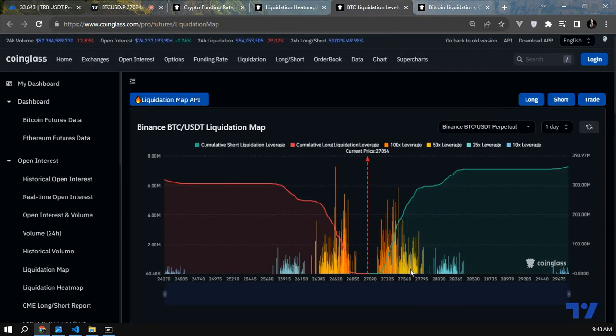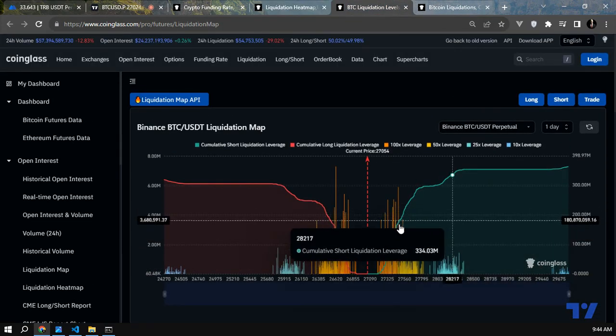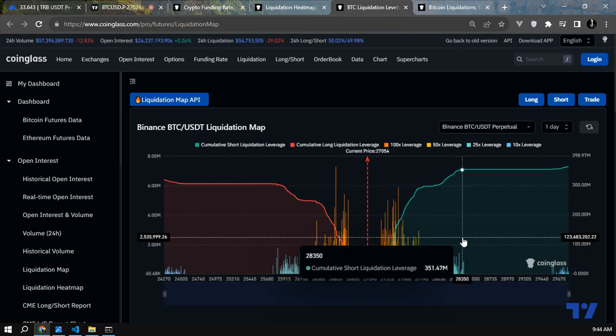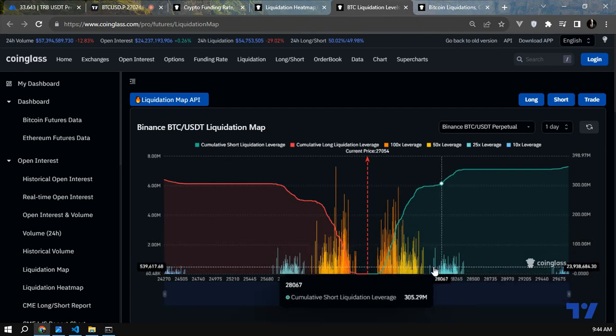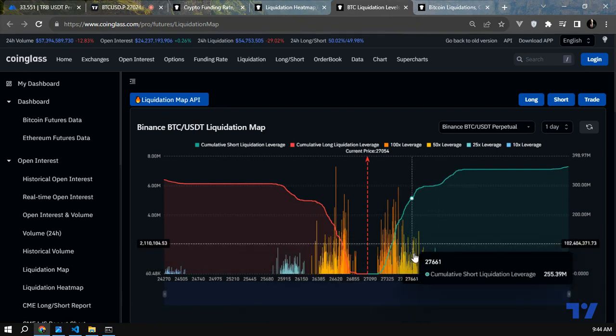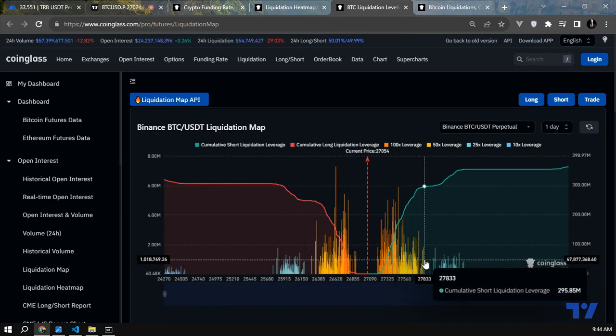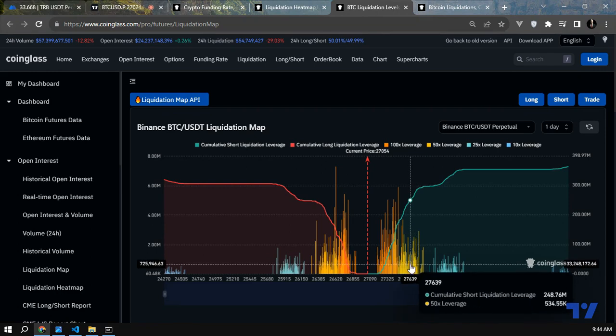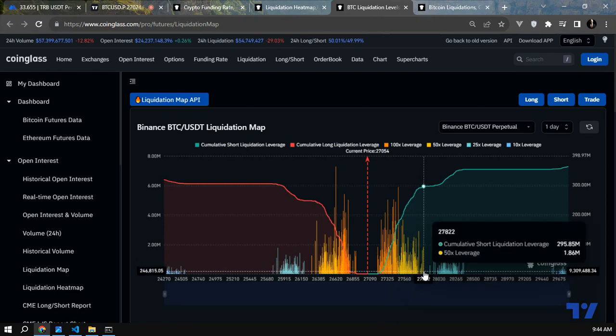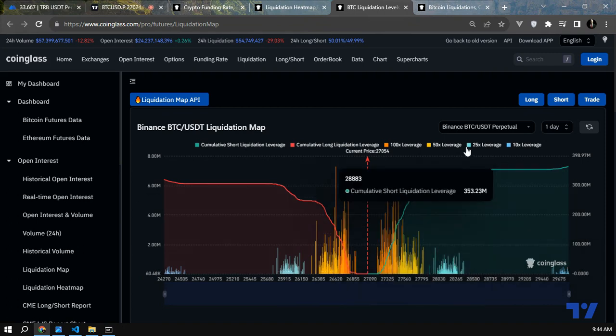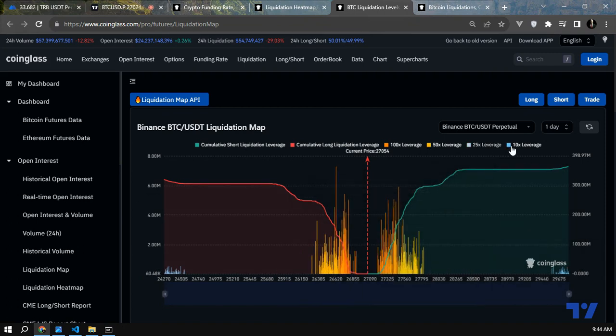We can see clearly that as we move up to 28K, around here there's a little bit of liquidity left, but the most liquidity is at least to 27.8, or as I said, 27.9.